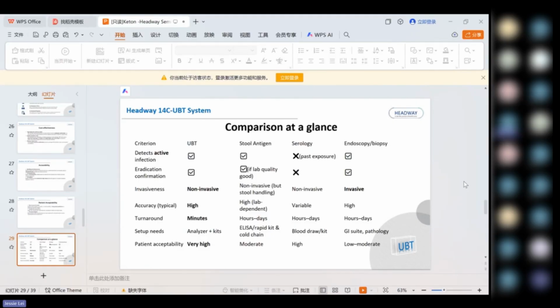Thank you. Actually, for the age, our urea breath tests are suitable for children and adults. But for children and teenagers, we do not suggest them to do the urea breath test, because if the patient is positive, we need to do antibiotic treatment.